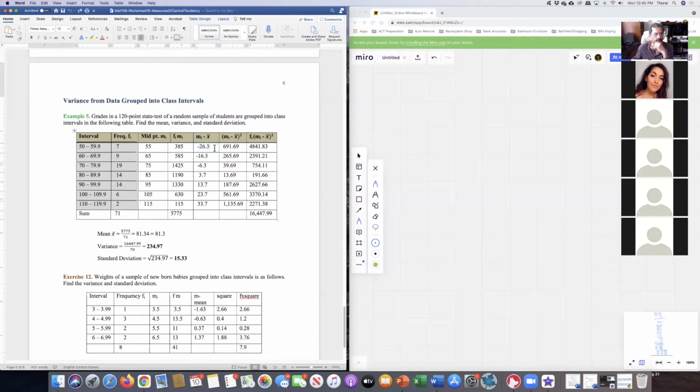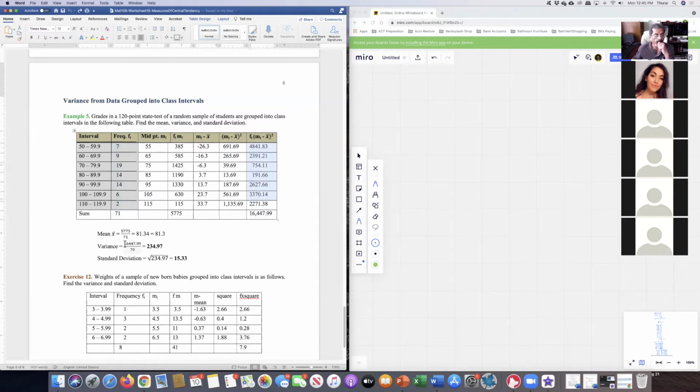These have to be squared, so I'm squaring them in the next column. Then I multiply them by the frequencies after squaring, because each data is repeated this many times. That's what this column is. And add them up.